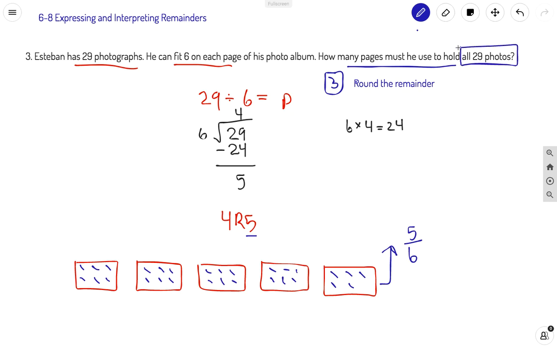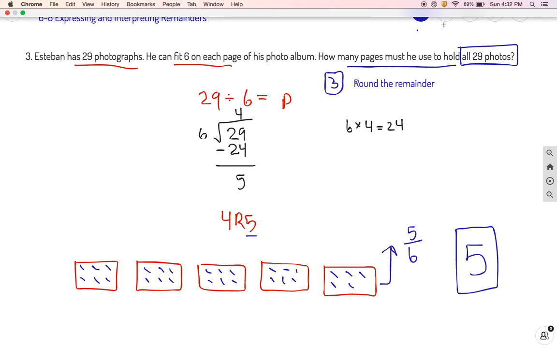So in this context of our story problem, we are going to take this fraction and round it up, because Esteban will use 5 pages in order to hold all 29 photos.